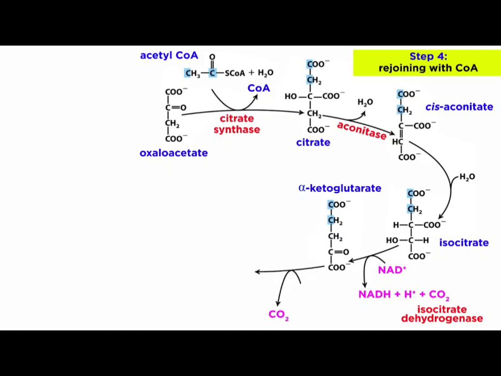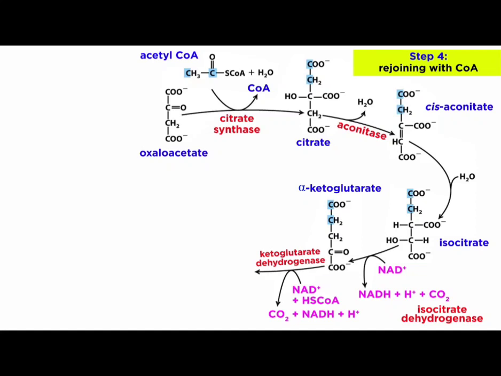This dehydrogenase removes hydrogen from isocitrate and produces alpha-ketoglutarate, and the hydrogen removed by the dehydrogenase reduces NAD+ to NADH, and one carbon dioxide molecule is removed in the process.